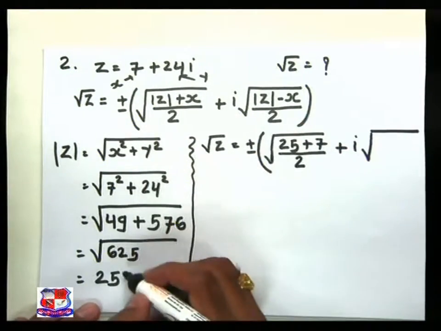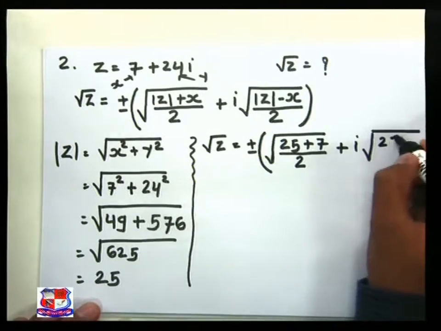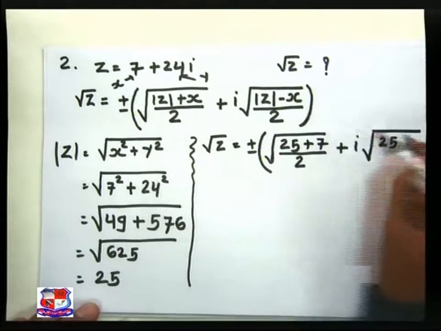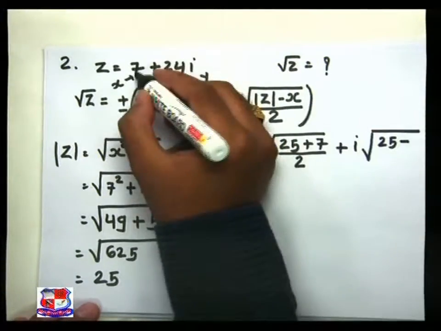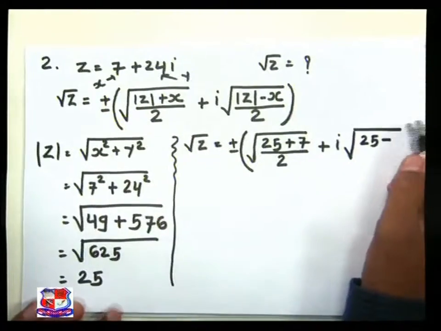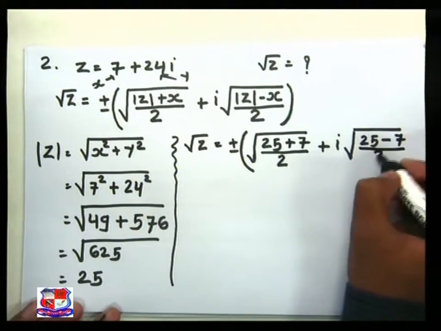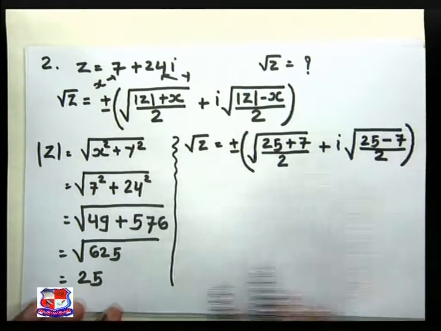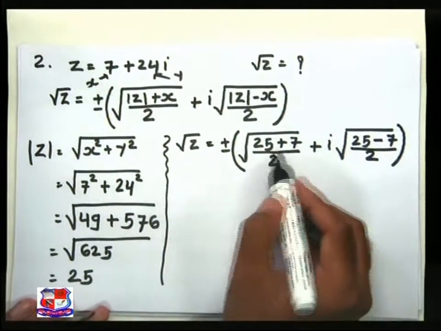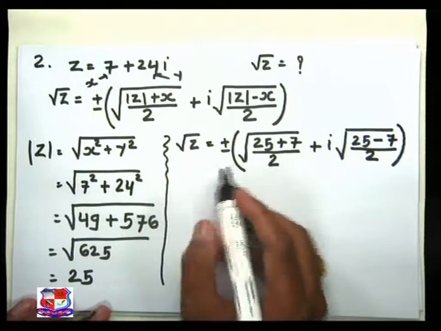mod of z. So mod of z, again replace with 25 minus x, that is 7. So 7 divided by 2 as it is, bracket over. Now we simplify our term.